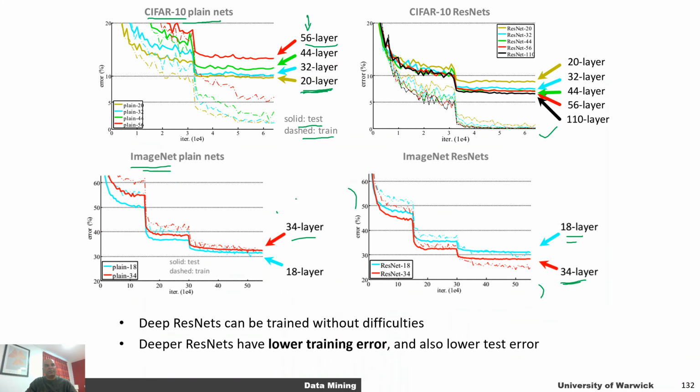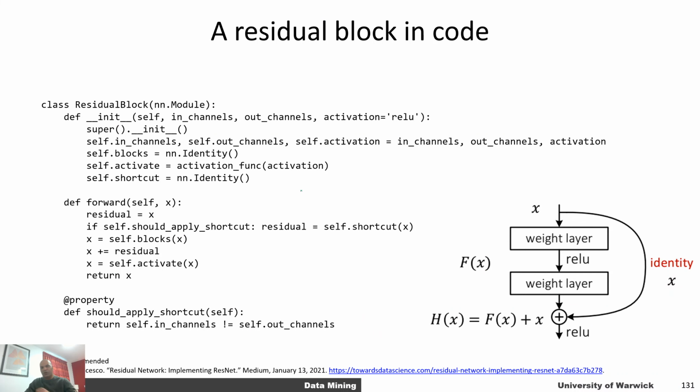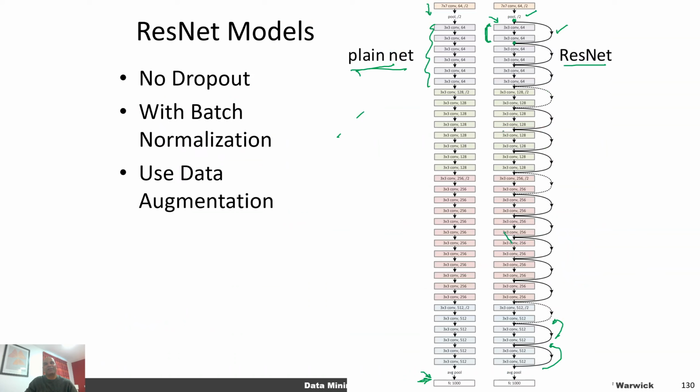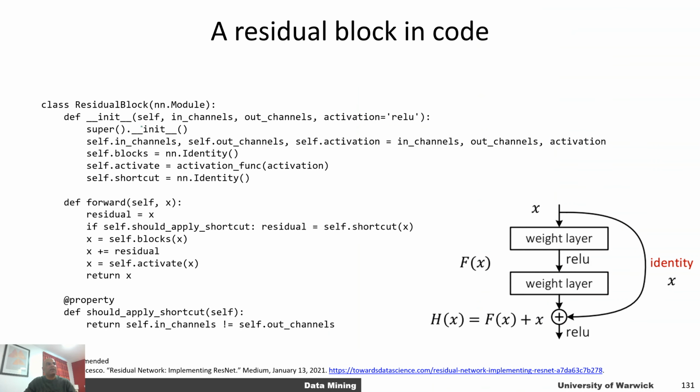And now let's come back to the implementation in PyTorch. We're not going to implement a whole ResNet like this big beast that we saw over here. What we are going to do is implement a single block where we have a single connection. So this is how it looks. You have a bunch of inputs and a bunch of outputs. You specify how many inputs and how many outputs you want, and then you simply pass your representation through your weight layers.